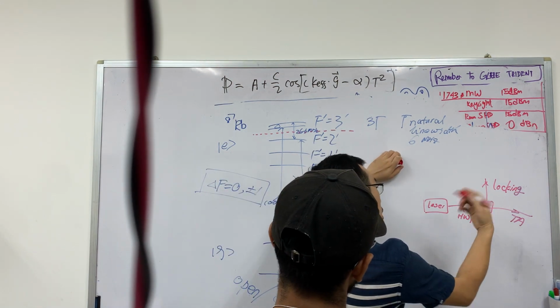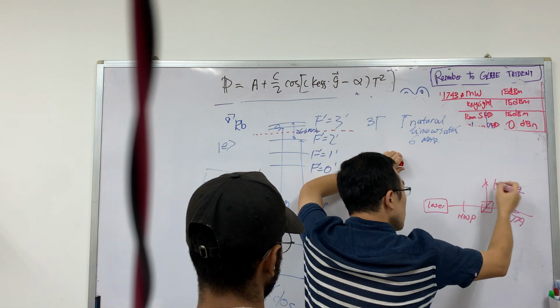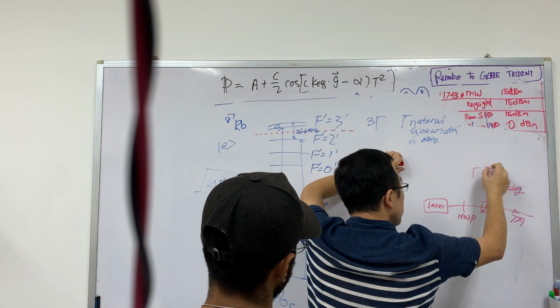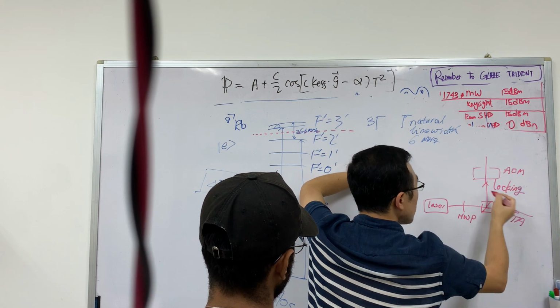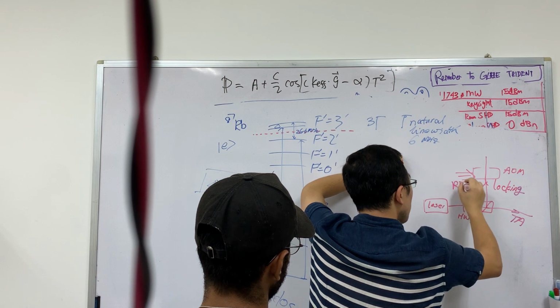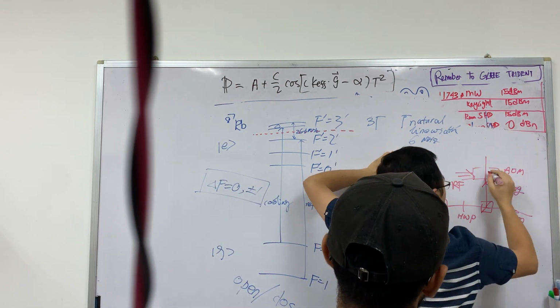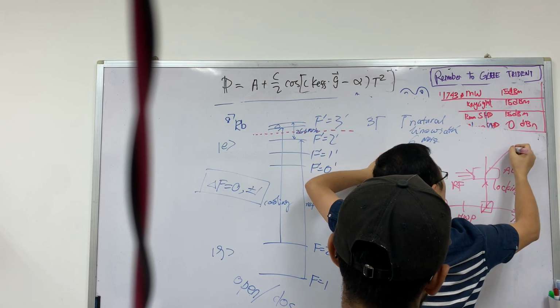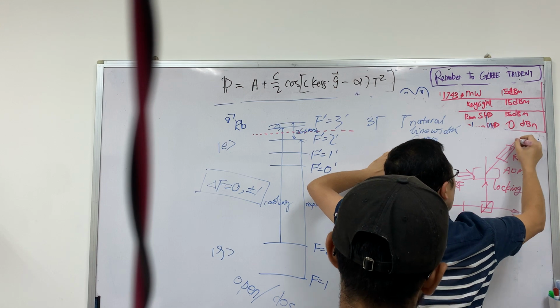Okay, our alignment is done in such a way. We have an AOM that shifts the laser frequency. Let's say this is the RF. We shift the frequency positively up, and then shine this to the rubidium cell and lock it.